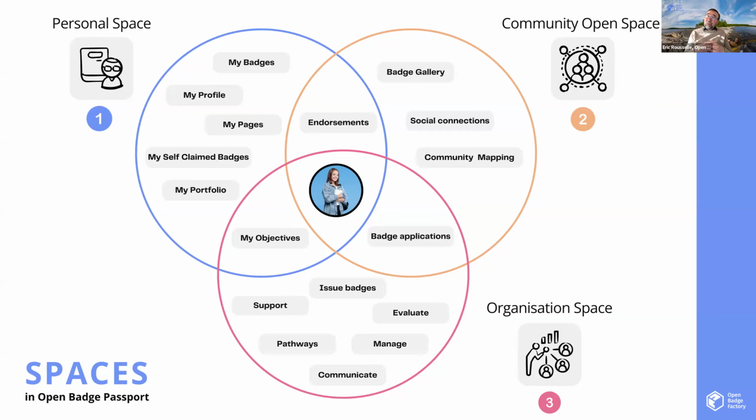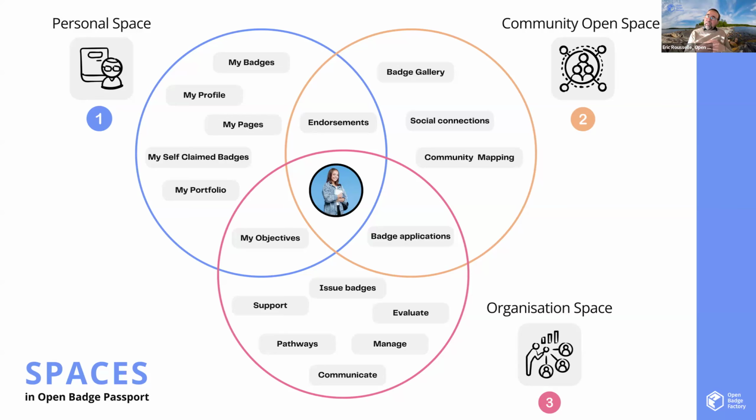So we have in Open Badge Passport nearly 700,000 badges. We have more than 200,000 users. So the first issue for organizations was that we can't really see what our community is doing with badges.